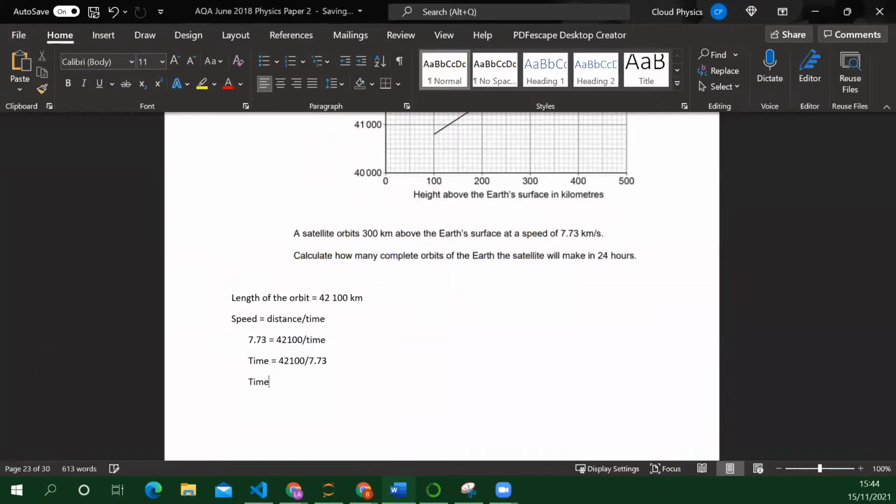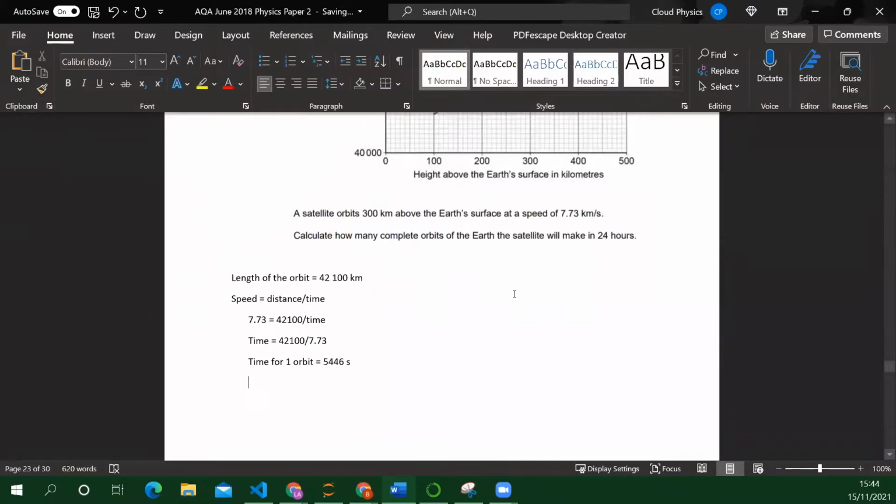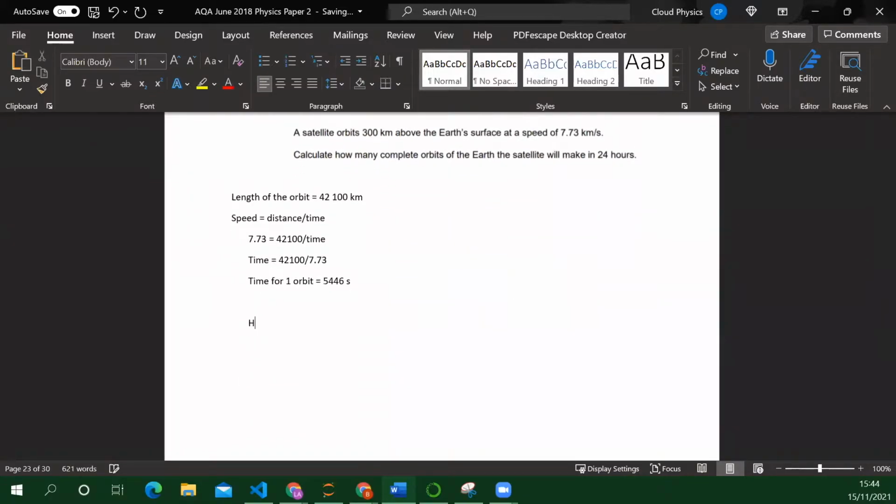So time for one orbit equals, it's that number, 5,446 seconds. Now what we need to do is work out how many orbits it does in 24 hours.